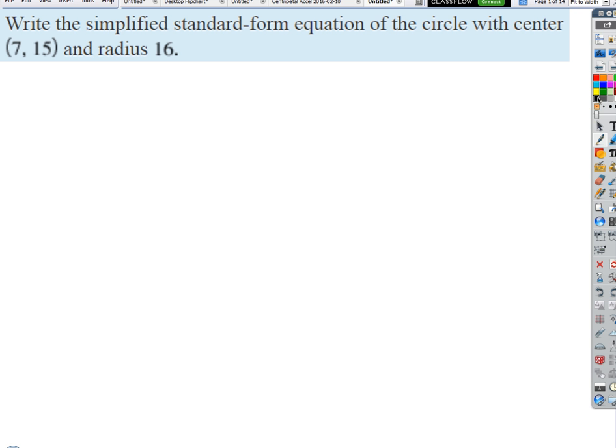So the standard form equation for a circle is just (x minus h) squared plus (y minus k) squared equals r squared, where h and k are the coordinates of the center, and r is the radius.